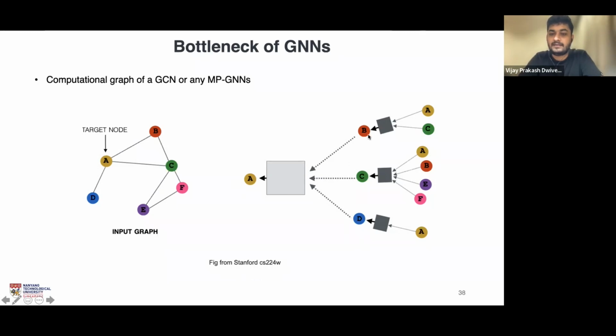But now that B, C, and D are already updated by taking their own one-hop neighbors, when the node feature update of A is done at the second layer, it will effectively contain information from the second hop. So this is how the computational graph gives the idea that at each of L layers, information from L hops is propagated to a destination node.